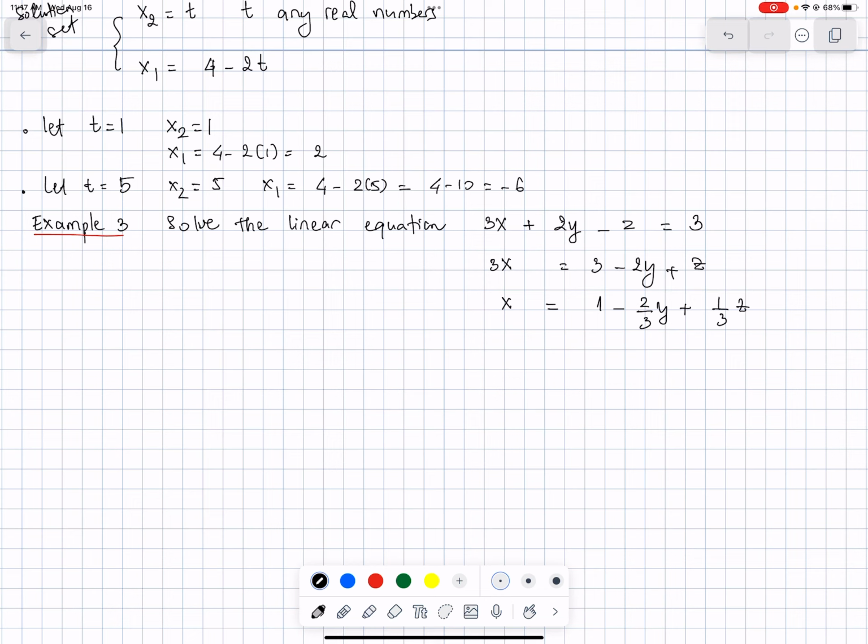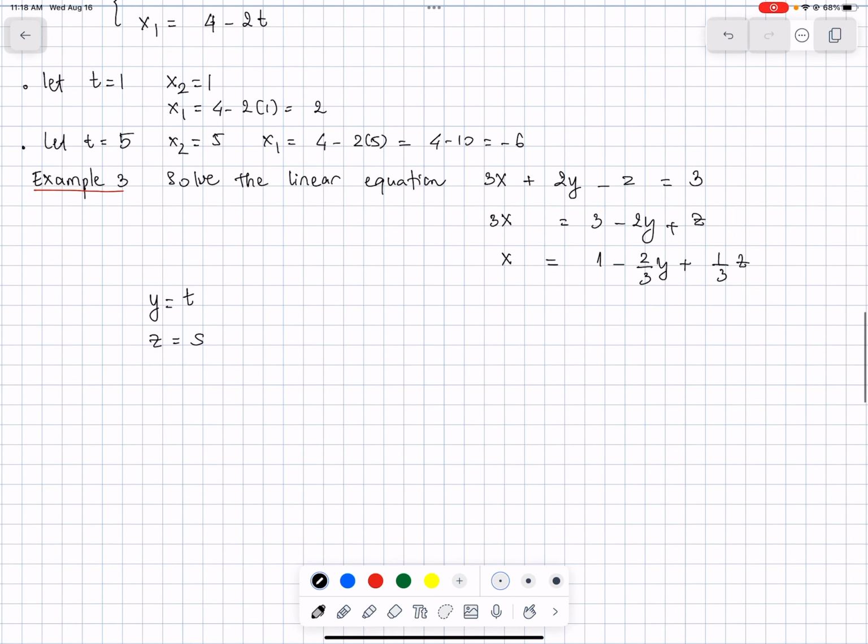For this last equation, y and z will be free. I will use t for y and s for z, because I cannot use t again. That means I use different parameters for y and z. They can be the same number or different.